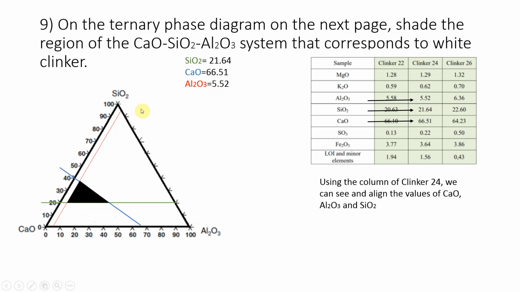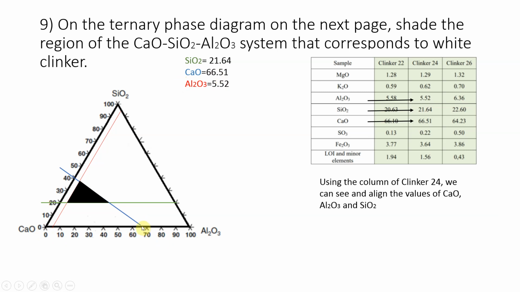For SiO2 we go to 20, and since it's 90, 80 and so on, here's 20, and we just draw across. For CaO it's 66.51, and oh, I forgot, it's not this way, it's this way, from left side to right side. So we grab our 66.51, so it should be around here. Minor mistake on my part, I'm sorry.